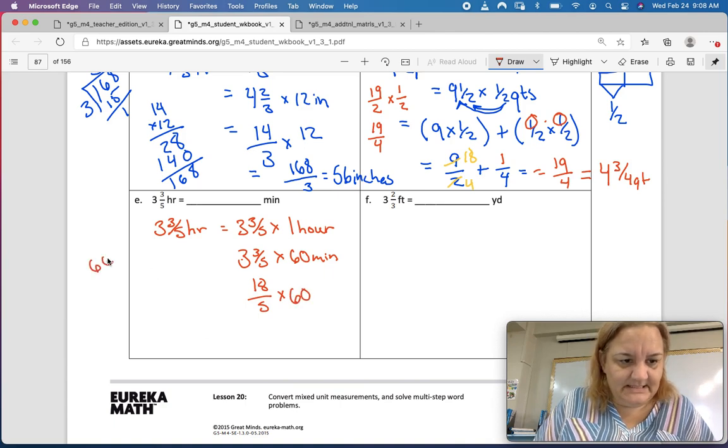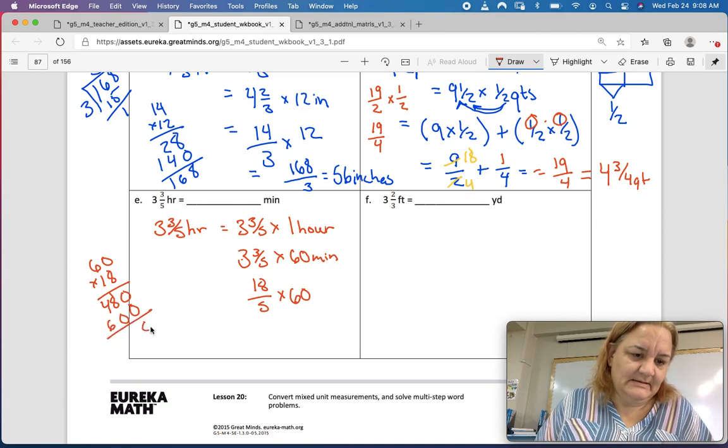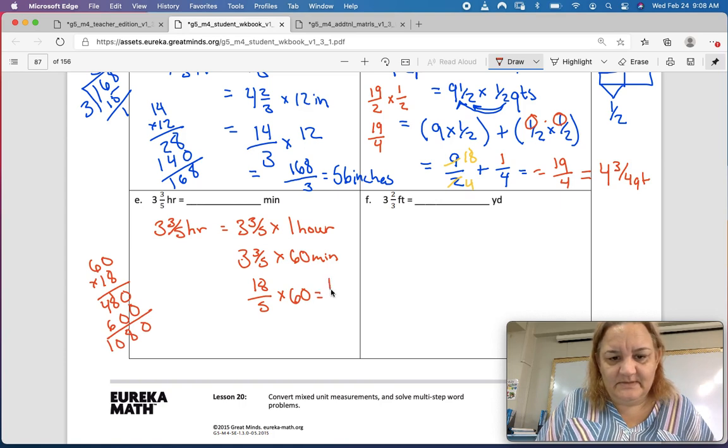So 60 times 18 is 8 times 0 is 0. 8 times 6 is 48. Drop a 0, 0, 6. Which equals 1,080 over 5.